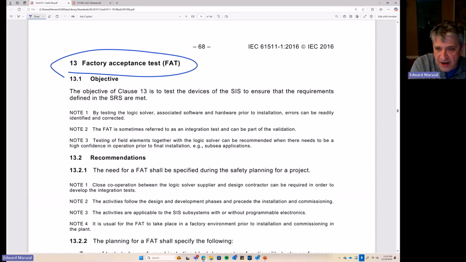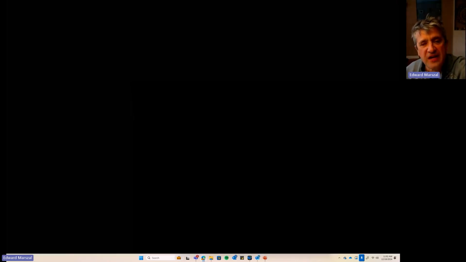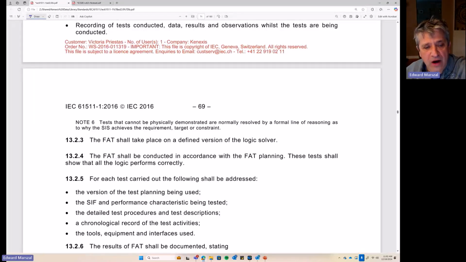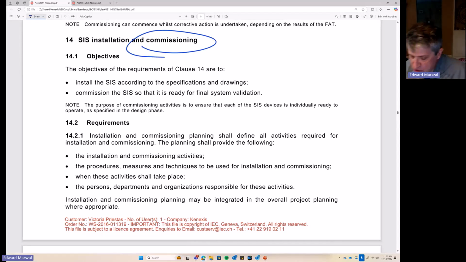We're going to look at our specs. We're in the factory. We're going to make sure that the system does what it was supposed to do. Then we're going to install it in the field, and we are going to do commissioning. And as a part of commissioning, another group of people are going to look at the installed equipment and make sure that it was installed properly.